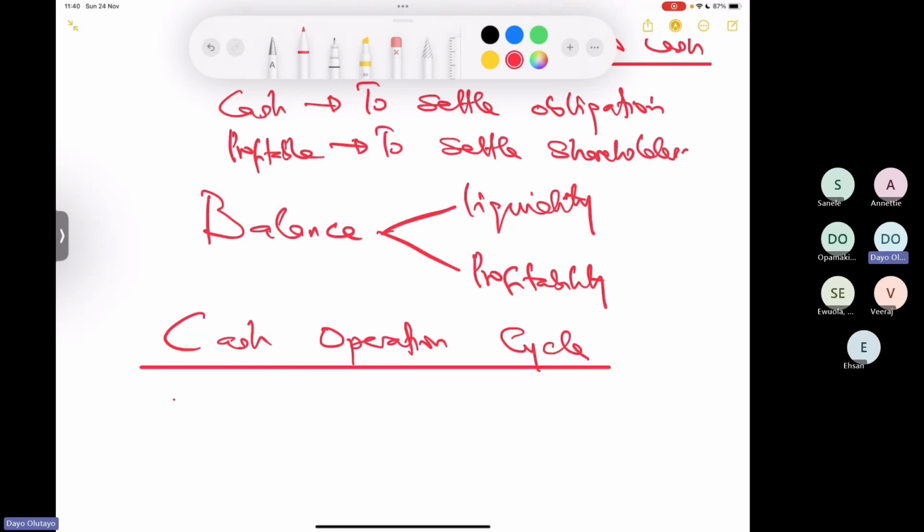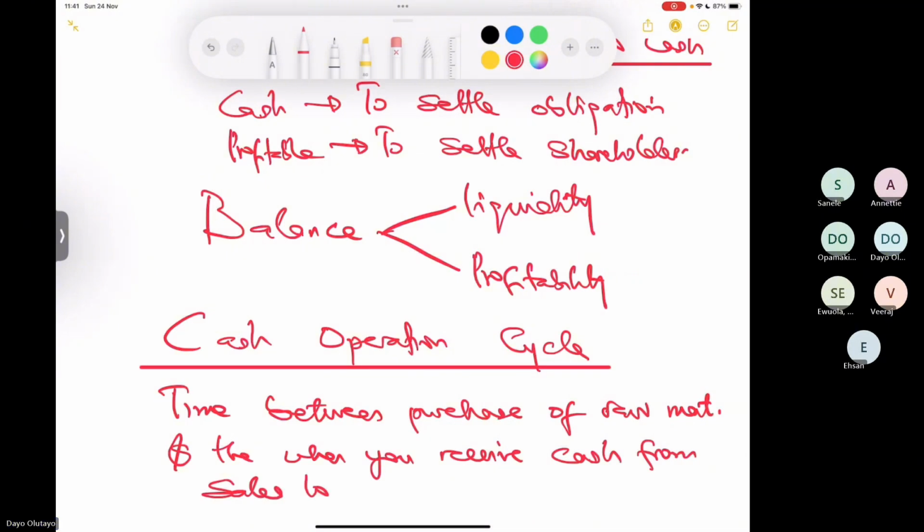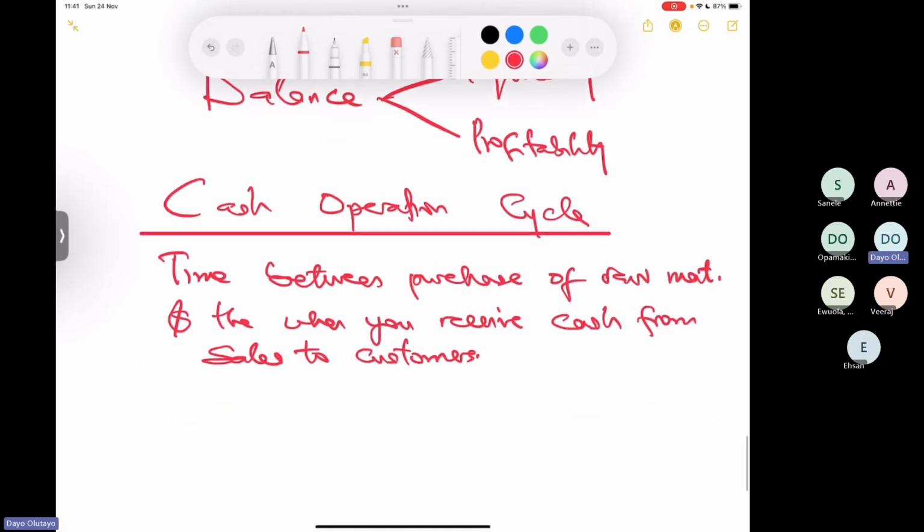Cash operation cycle is the time between your purchase of raw materials and when you receive cash from sales to customers. That's a cash operation cycle.